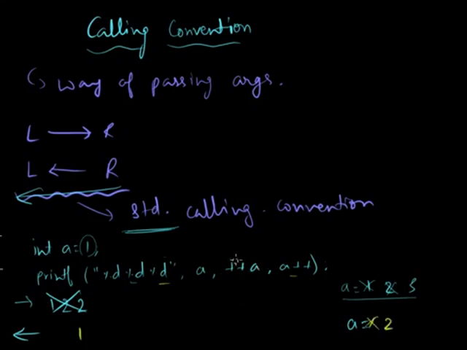Rightmost parameter done, then we come to the middle one. This is pre-increment: first increment, then use. So first increment, 2 becomes 3, then use. So it is printed 3, and then this a is 3. So this is the correct output. So you need to understand the calling convention.